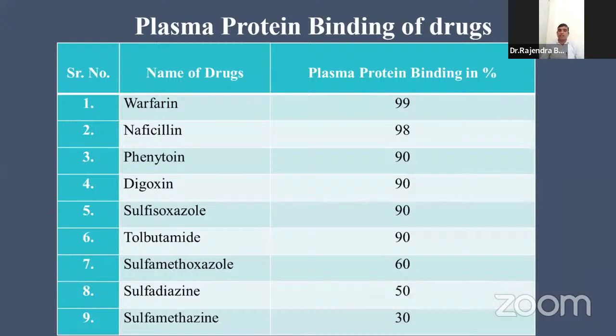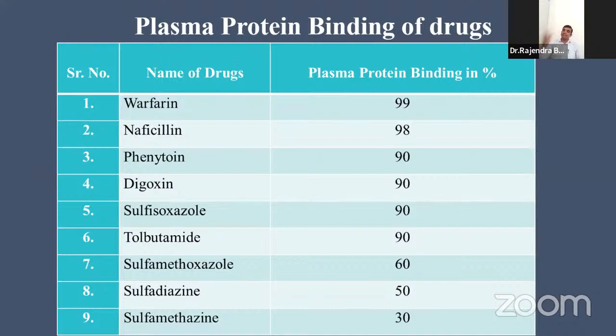Yeah, PPB, that is plasma protein binding. You know, warfarin, that is the anticoagulant. So it has 99%. Nafcillin, again, that is a penicillin derivative, penicillinase resistant penicillin. How do you remember the penicillinase resistant penicillin?